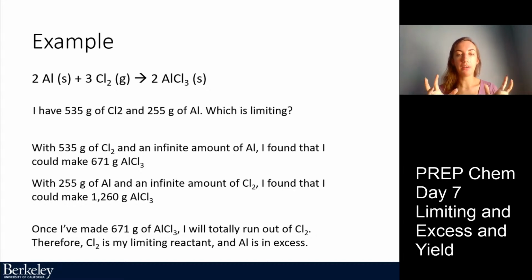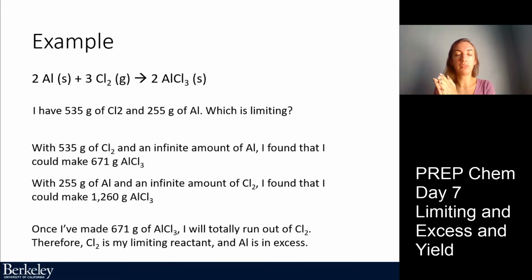And then now that I have that information, I can just think conceptually about what's going to happen over time. So as time is passing, I'm using up Cl2, I'm using up aluminum, and I'm making more and more AlCl3. I'm going to make 671 grams of AlCl3 before I've made 1,260, right?